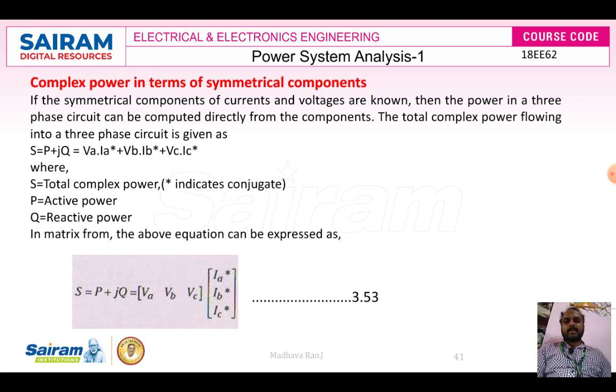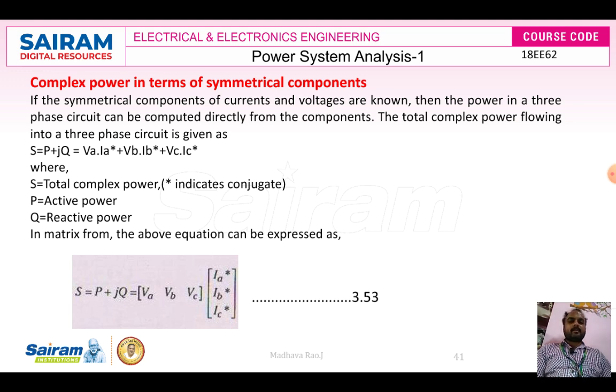Coming to the complex power in symmetrical components, complex power is the combination of apparent power, active power and reactive power. So S is equal to P plus jQ: the apparent power S is equal to the active power plus j into the reactive power.